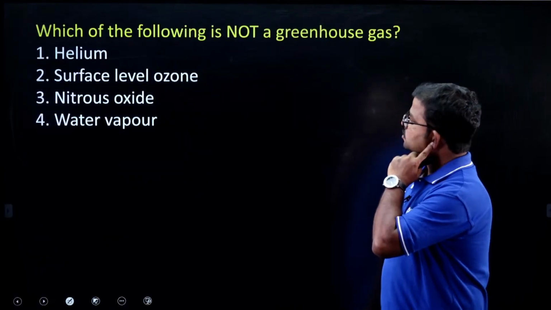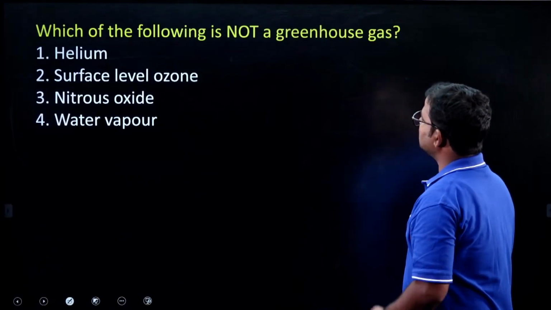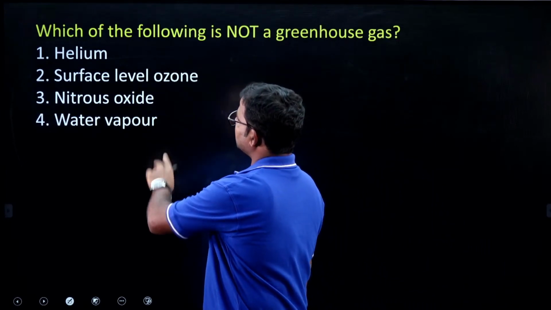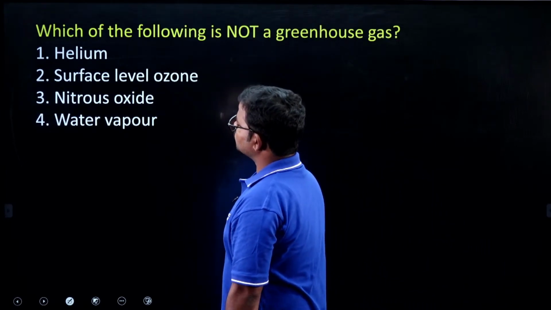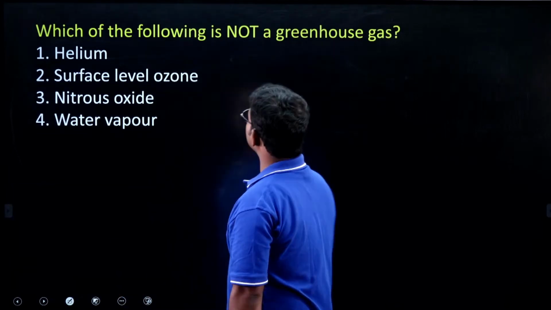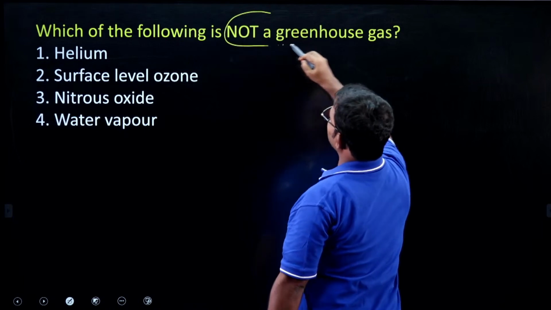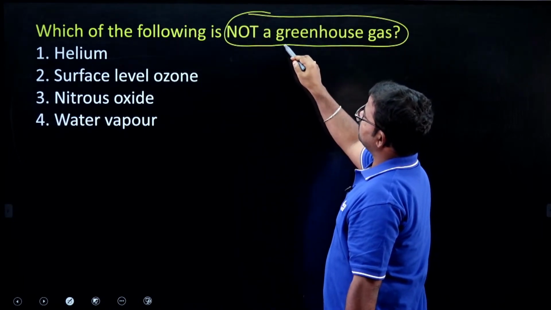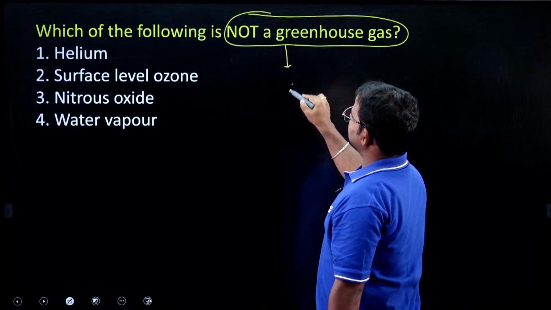Right, so next one. Which of the following is not a greenhouse gas? Here they mentioned helium, surface level ozone, nitrous oxide, water vapor. Not a greenhouse gas. So first of all, what are the greenhouse gases?